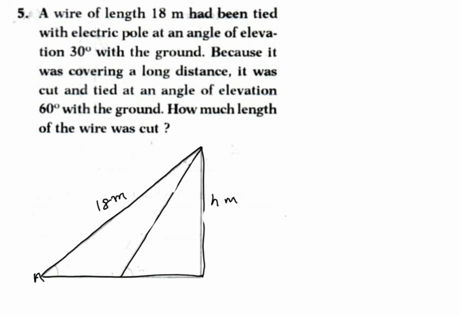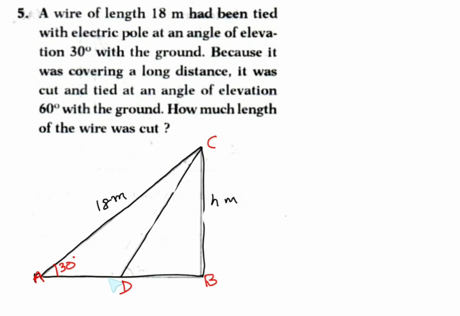Here A, B, C, D are the points. The wire had been tied to the electric pole at an angle of 30 degrees with the ground. This 30 degrees angle is made here at A.